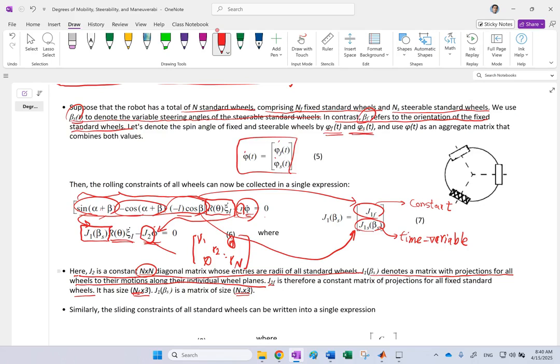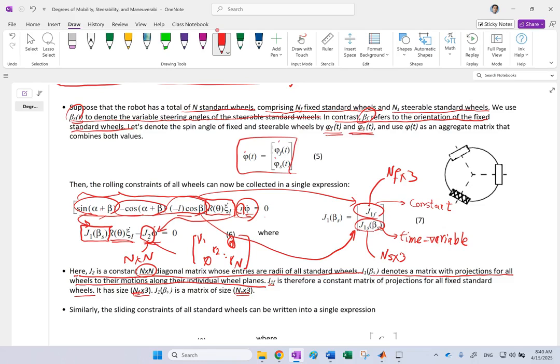This one is just NS by 3. This one, as we said, is NF by 3. And this J2 here is simply N by N. So this is how you can write everything into this beautiful matrix format.